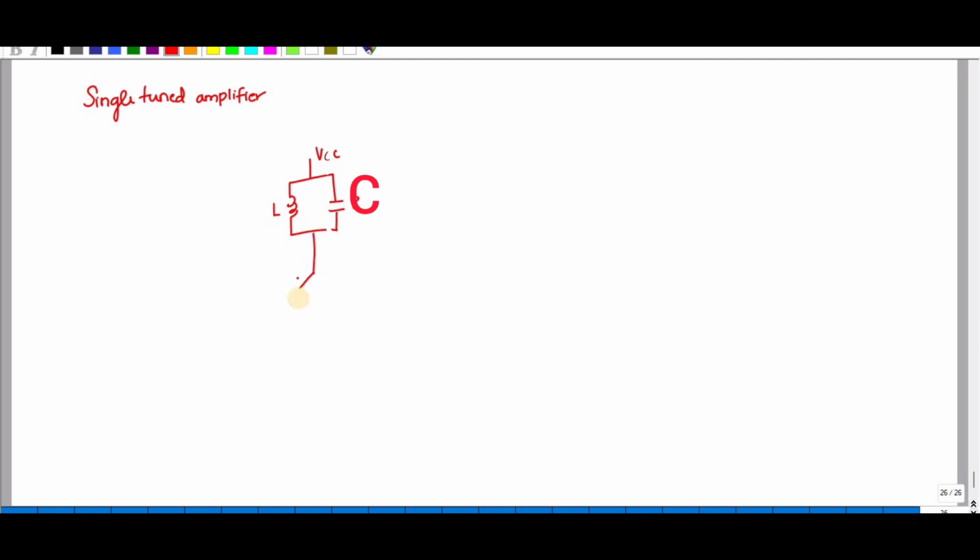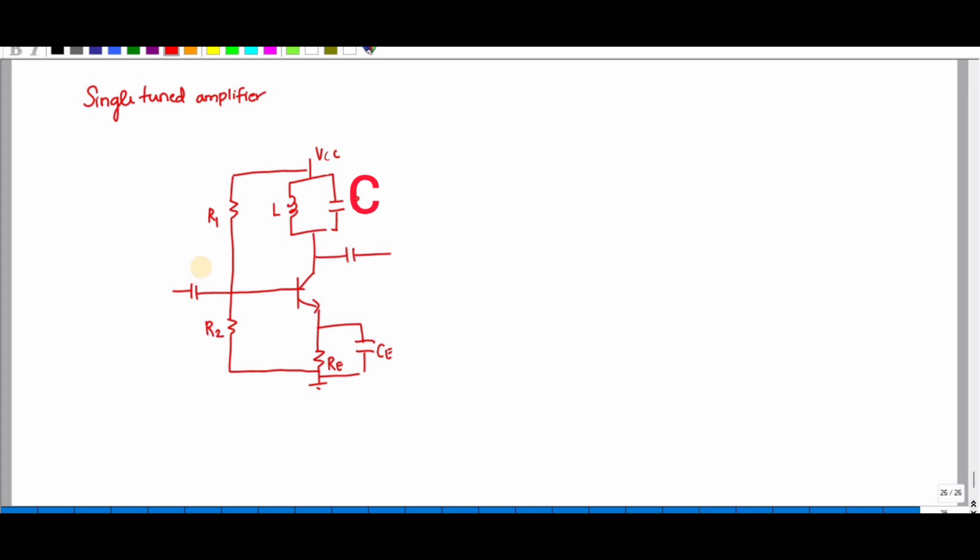This is connected to a common emitter transistor, and RE and R1, R2 are your biasing resistors, and we know that we are using self bias for the biasing, and CC1 and CC2 are your coupling capacitors.